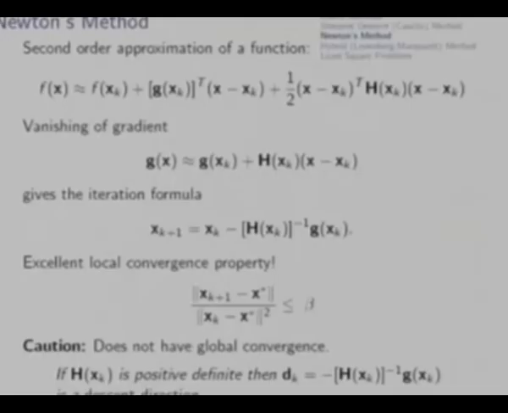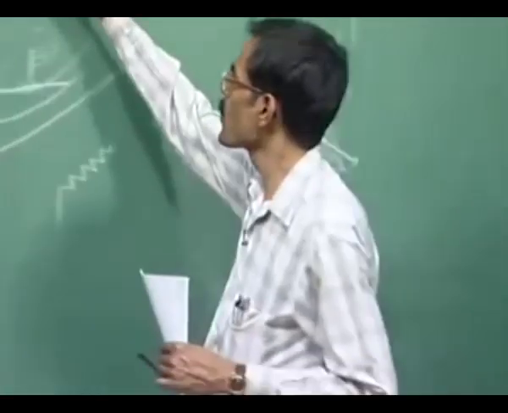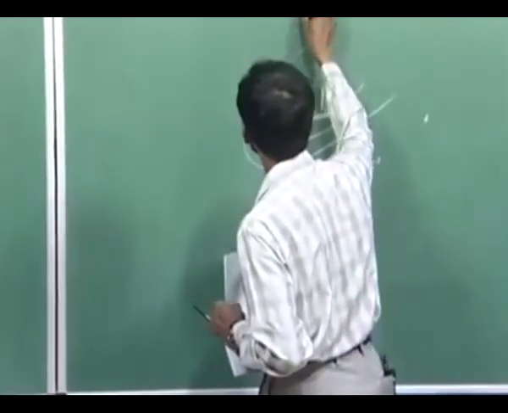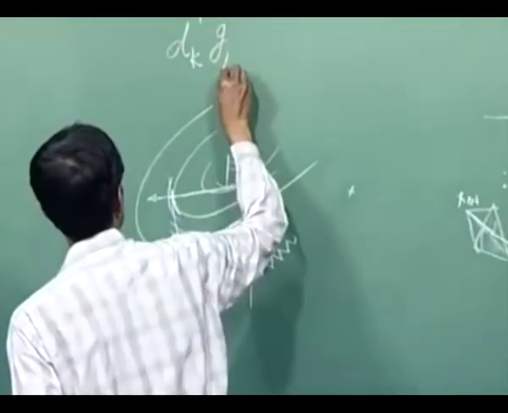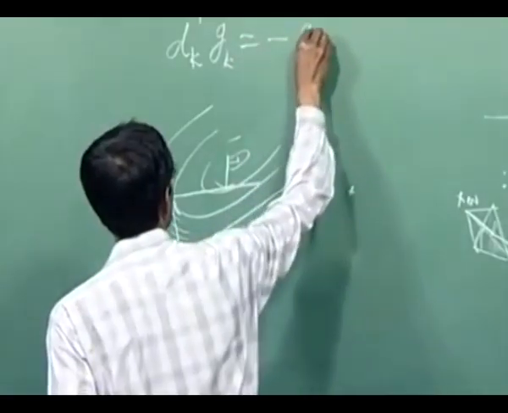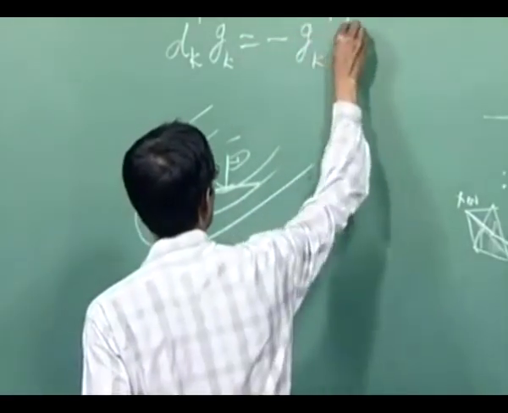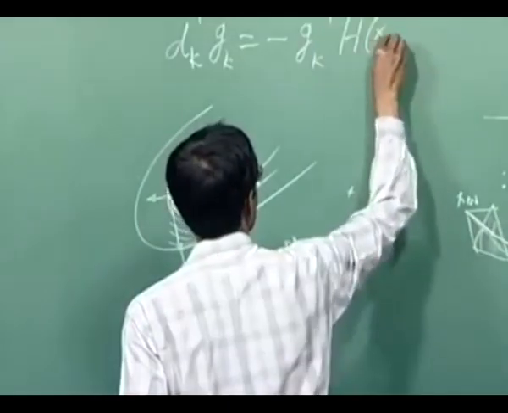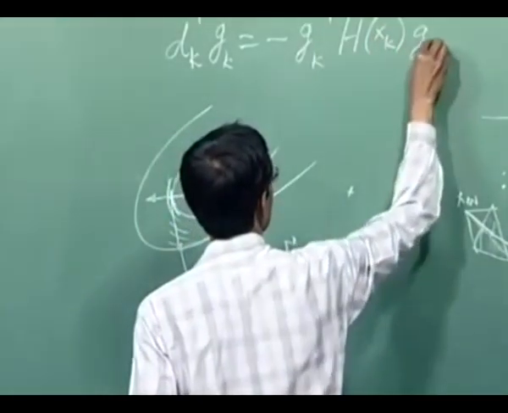That we can say, because if H(x_k), that is the Hessian matrix at the current point, is positive definite, then its inverse is also positive definite, and in that case d_k with this formula will give you d_k transpose g_k as minus g_k transpose H(x_k) inverse g_k.